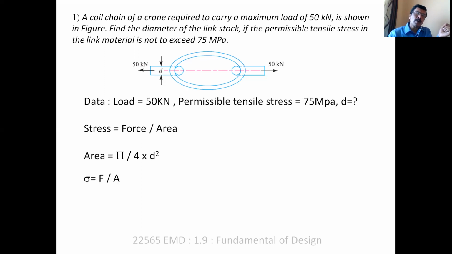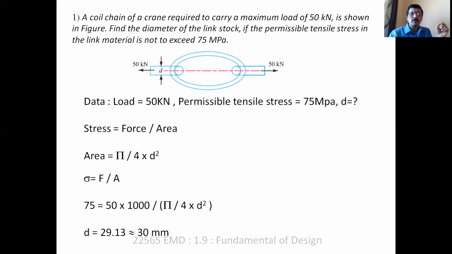So the formula for our stress is sigma is equal to force divided by area. If I put the stress equal to 75, force 50 kilonewton, 50 means 50 into 1000, divided by pi by 4 d square, then we can get the value of diameter d.